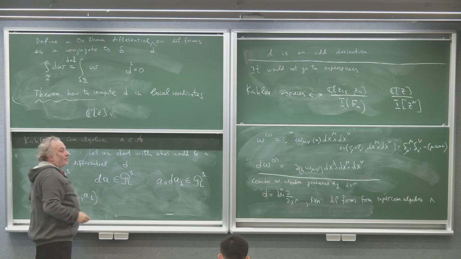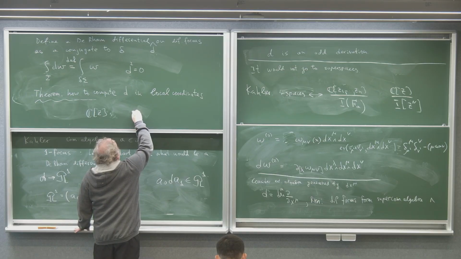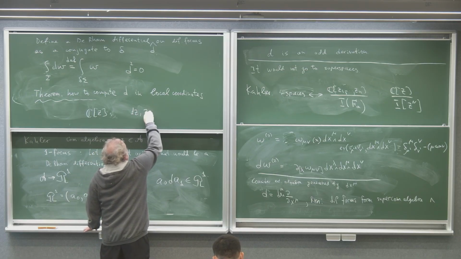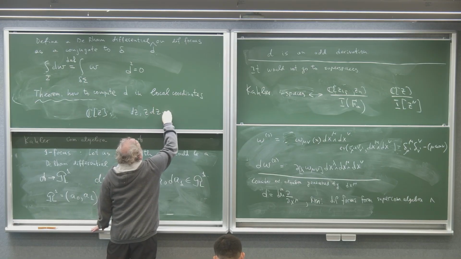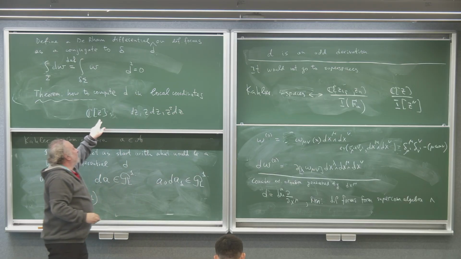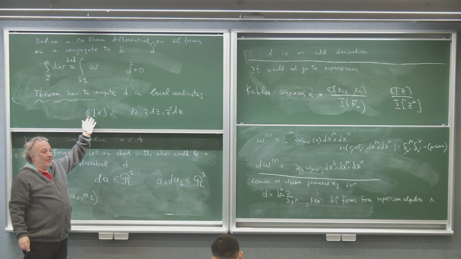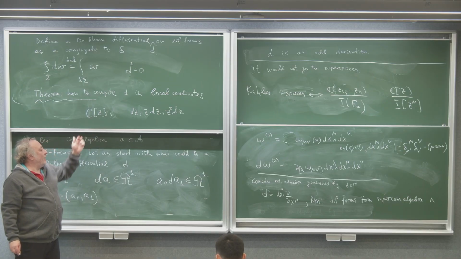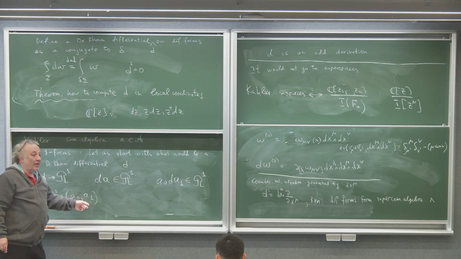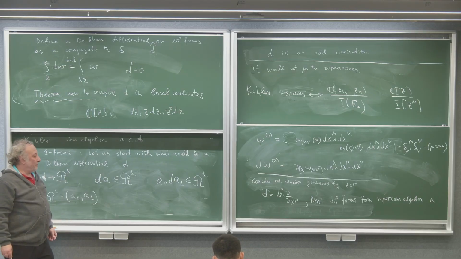For C[z], we should get only dz, z dz, z^2 dz, so the number of differential forms in this example of one-forms should be the same as the number of elements of the algebra. And here we have twice. So why do we have so many?